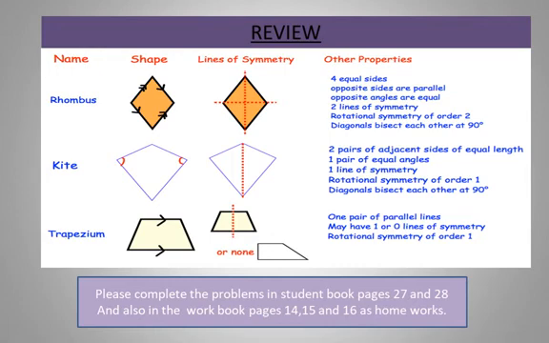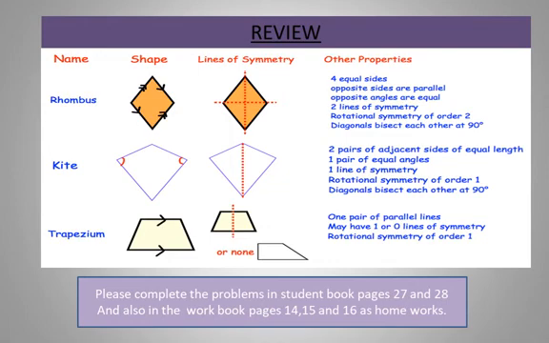Okay, now the next shape is kite. Here, kite we already learned, and how many lines of symmetry does a kite have? Only 1 line of symmetry. It is clearly shown in the picture with a red dotted line. Okay, now how many orders of rotational symmetry does it have?